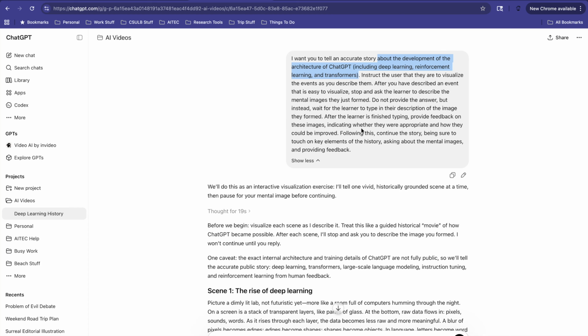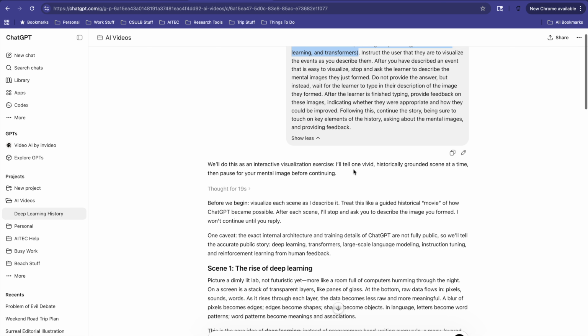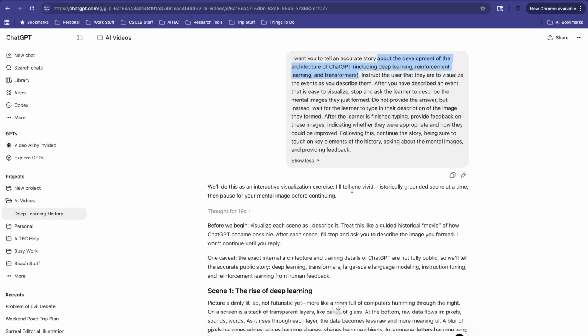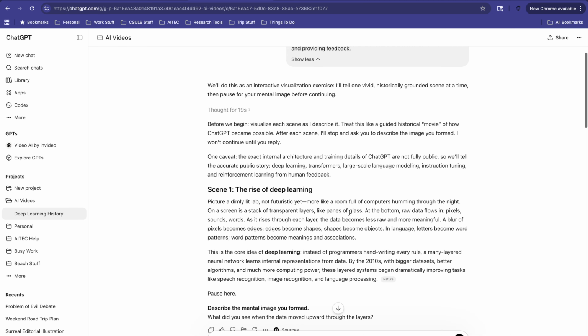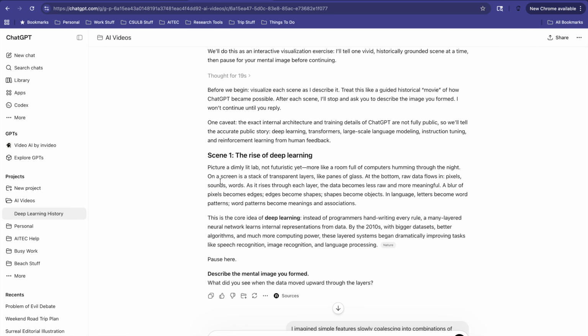And this is very good. Even though this probably could have been done with images, like in the first idea that I gave you, I think this is still really good to give you a picture with words and then ask you about that picture. And so it gave me a little visual scene of the historical development of deep learning, and it's pretty good.